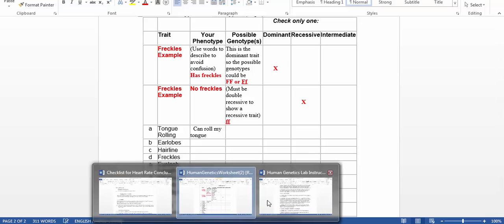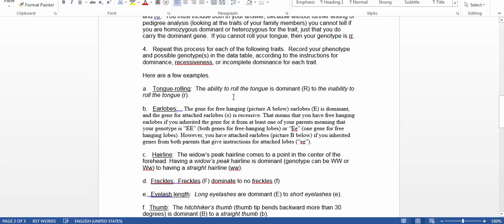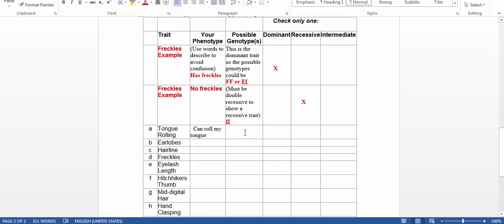And if you look back at the instructions, the ability to roll the tongue is dominant, capital R. So pay attention to what letters are used here. That could get you. All right, since I'm dominant there, I'm either a capital R, or capital R, lowercase r. And dominant.